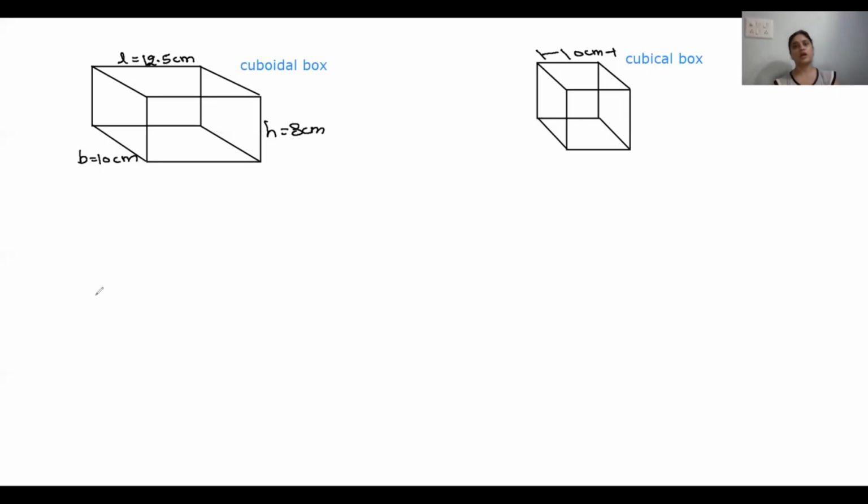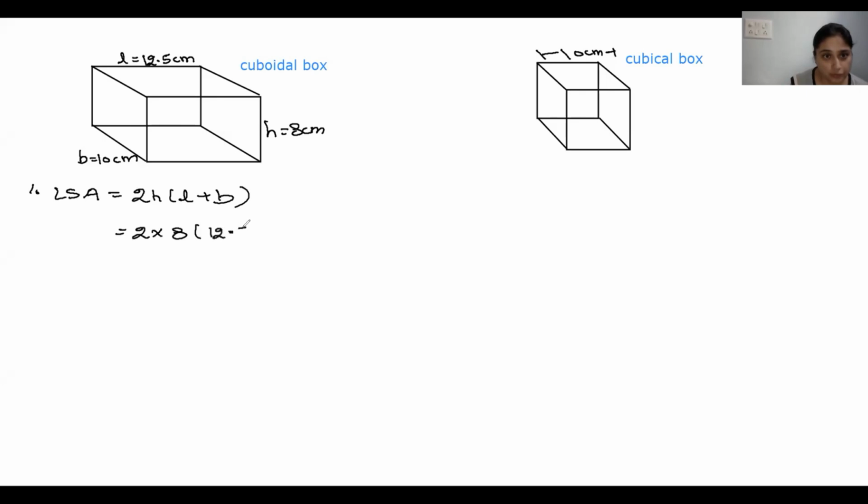So here bacha, we are having one as a cuboidal box and the other one as the cubical box. So we are going to work out on both the things. So first of all, in the first part, we need to work out on the LSA. So LSA of a cuboidal box is 2H into L plus B, right? So 2 into 8, that is 12.5 plus 10.